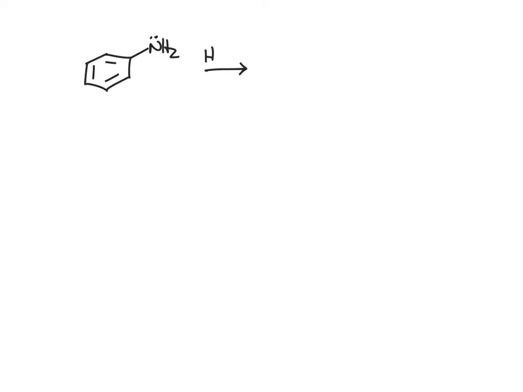So if we react that with an acid, let's use HCl, that nitrogen will get protonated. We get NH3 plus, and Cl minus is our other ion. So the nitrogen in aniline is an organic base.